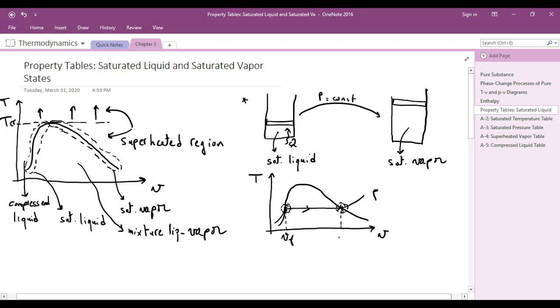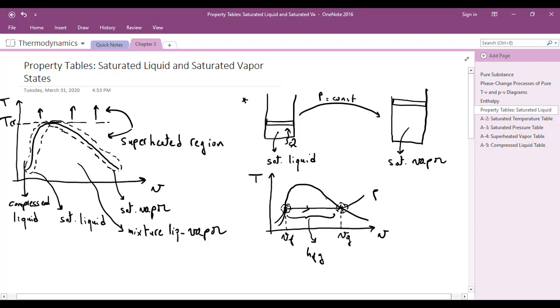The specific volume here corresponds to the saturated vapor specific volume and is denoted by vg. So this line is proportional to the amount of Hfg. So Hfg is the energy input in order to transform 1 kilogram of a pure substance from saturated liquid state to the saturated vapor state.